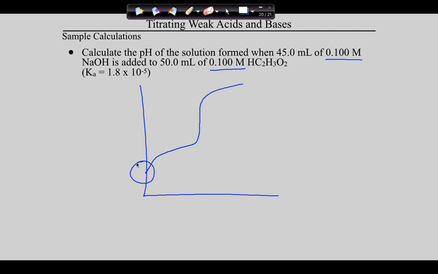Do you want to do it? No? But what would it look like? We'd have an ice box. Can you picture it? So guys, we've got 50 milliliters of our acetic acid. In order to find the pH of that acetic acid, do we need the volume?